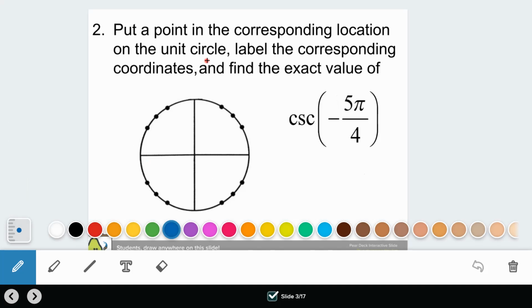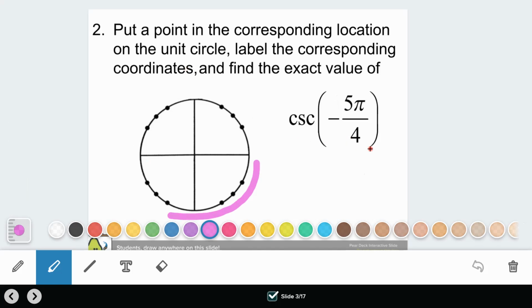On the next one, we're doing the same thing, but this time it's for cosecant of -5 pi fourths. When we are trying to go to -5 pi fourths, we're going this direction. To here would be -4 pi fourths, to here would be -5 pi fourths.